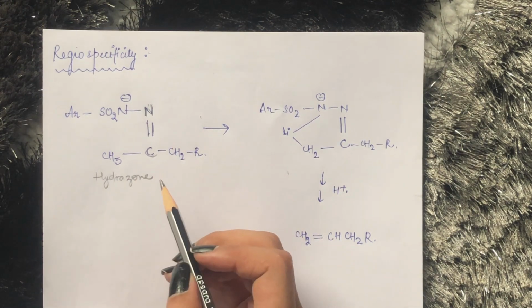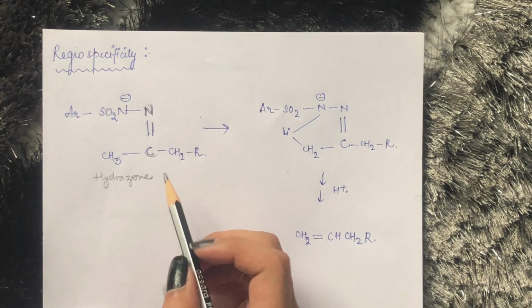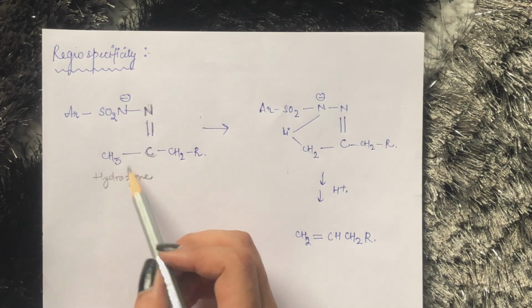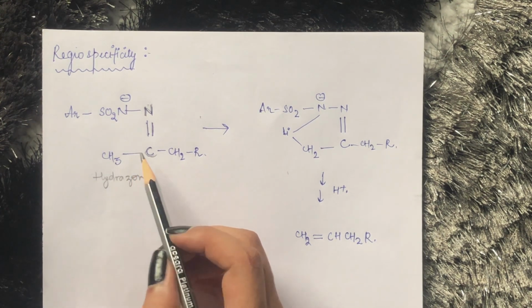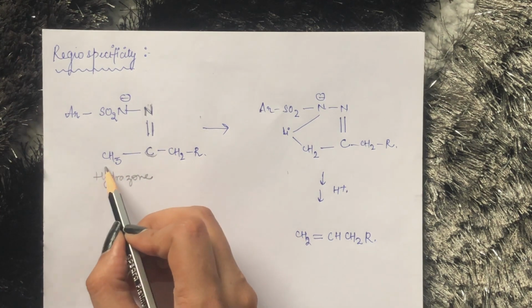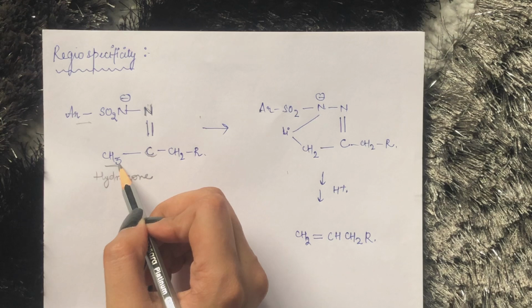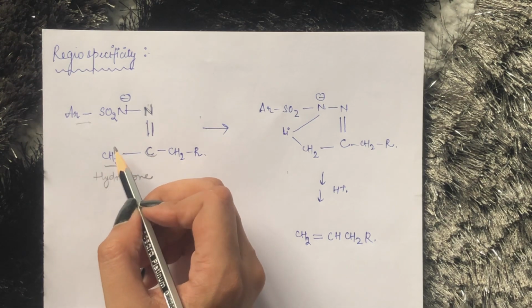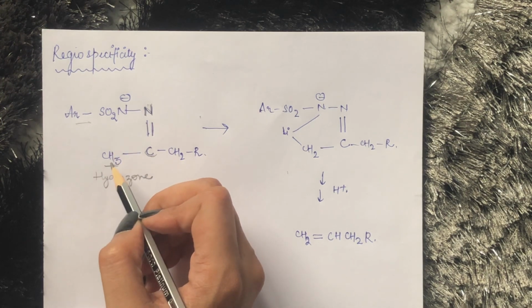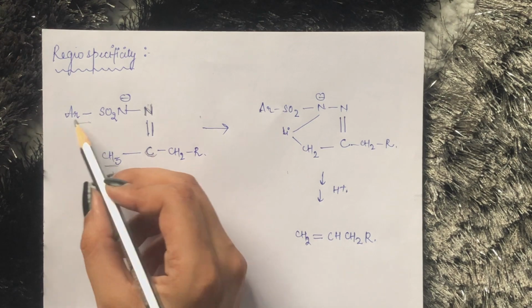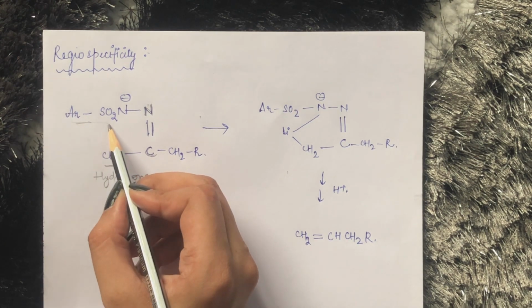There is an evidently strong preference for abstracting the proton syn to the arene sulfonyl group. Here syn just means from the same side, like arene and the methyl group are on the same side.